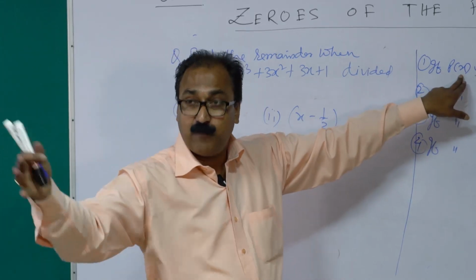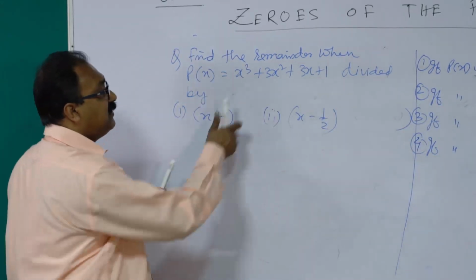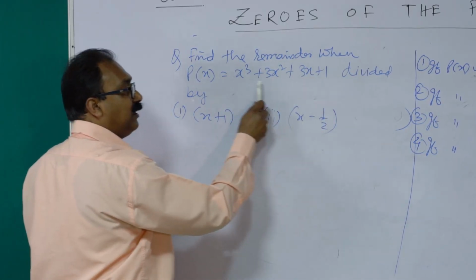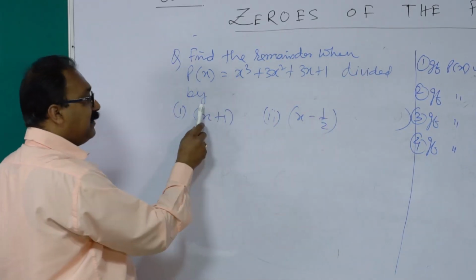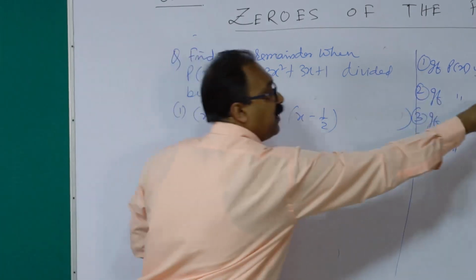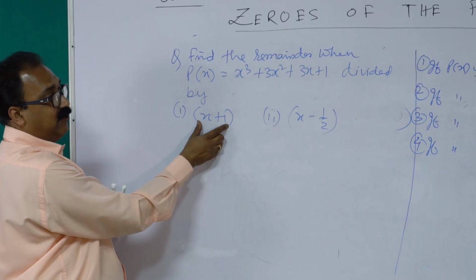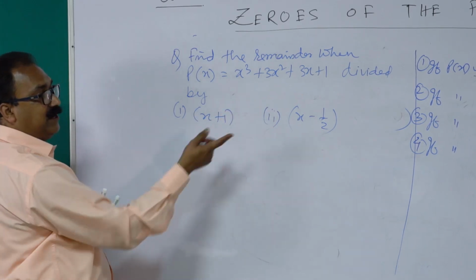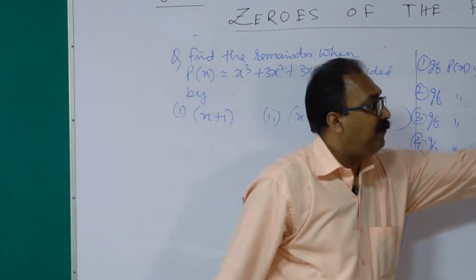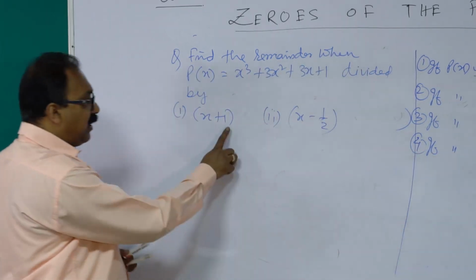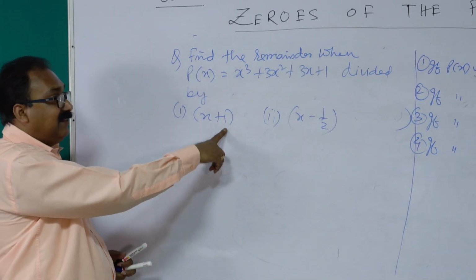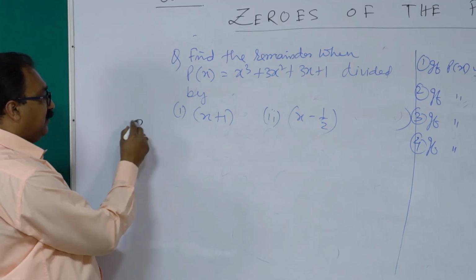But p of x can be many polynomials, so I consider this polynomial. Clear? Divided by, both questions are given: x minus a and x plus a. So this is x plus a. Then what will be the remainder? P of minus a. Then what will be the remainder? P of minus 1. Then you can write here the solution part.